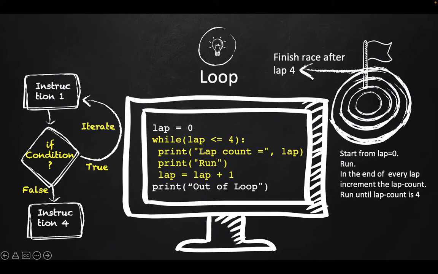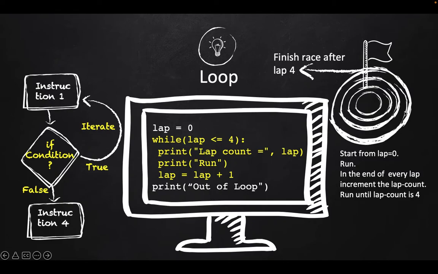So it's like you started from lap 0. After the end of the lap, you incremented the lap from 0 to 1. Then after the end of the next lap, you incremented it from 1 to 2. Then from 2 to 3.